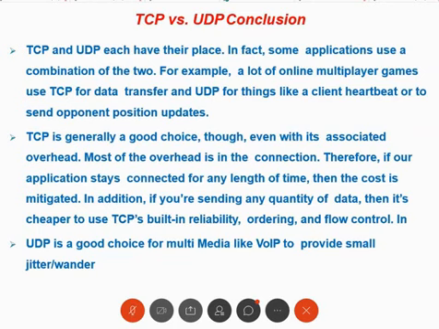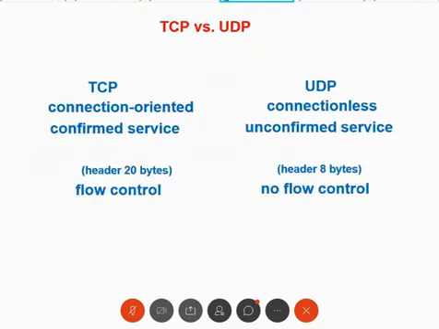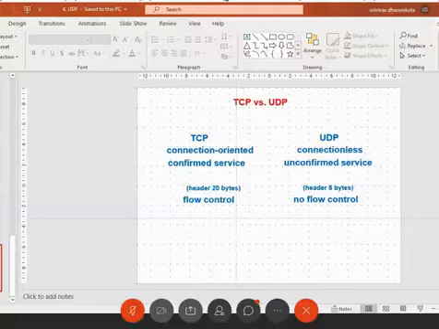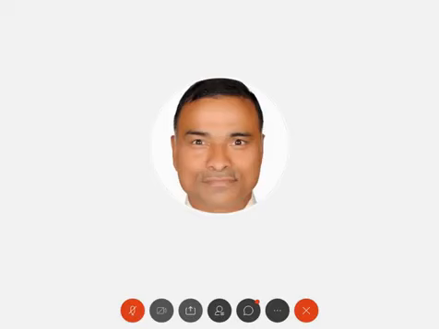UDP is the best choice for voice over IP and multimedia applications because it provides very small jitter and wander. The words jitter and wander are similar to what we use in SDH. The last topic of today is network components, which we go through now.